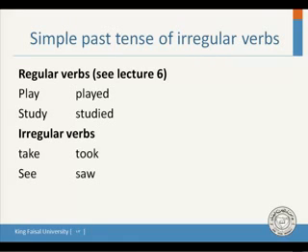Now for today, we have the irregular verbs. For example, take. What's the past tense of take? Took. See. What's the past tense of see? Saw. So, I saw him last week. I took a train to Dammam last week or yesterday.